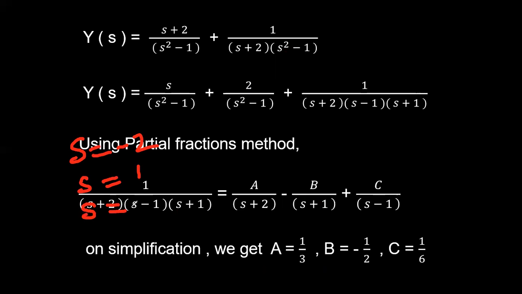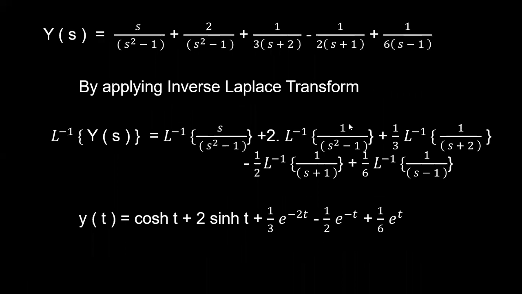And for the third case, you have to put S is equal to minus 1 in order to get A, B, C values from the given partial fraction. After getting A, B, C values, you have to substitute the A value here, B value here and C value here, and the entire function is represented here to get this Y of s function.